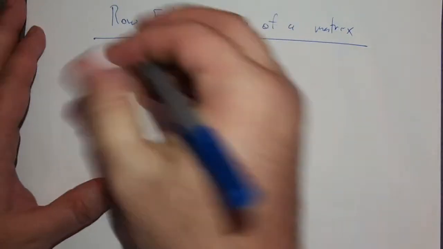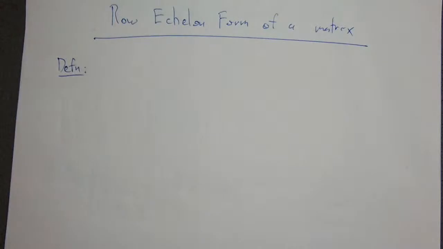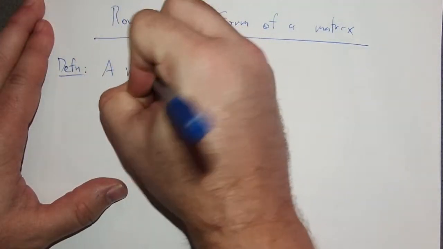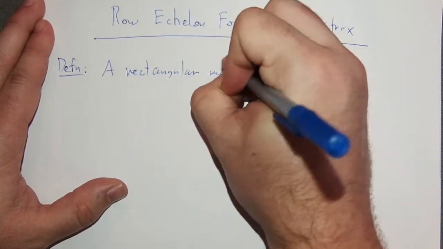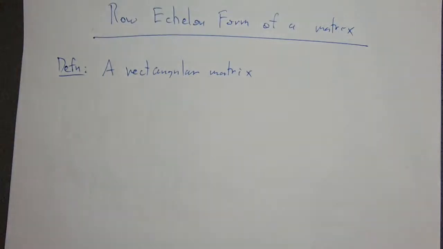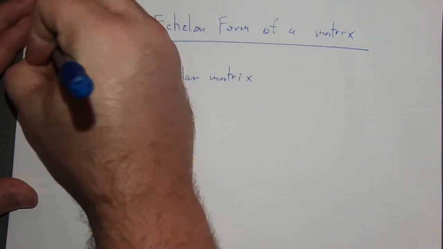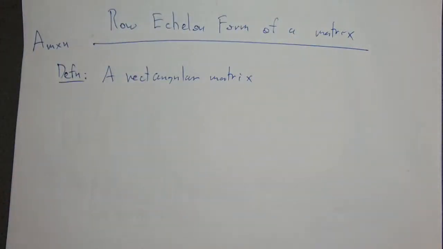So here is the definition. A rectangular matrix, when we say rectangular, we mean m by n, not necessarily a square matrix. So a rectangular matrix is a matrix A that has m rows and n columns.